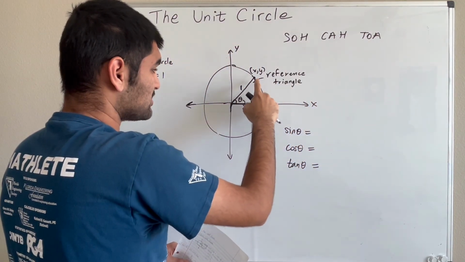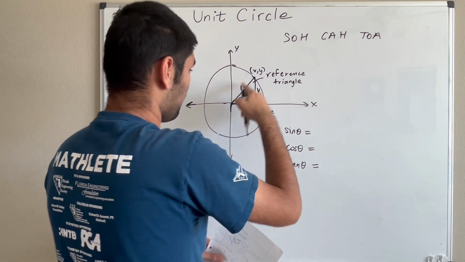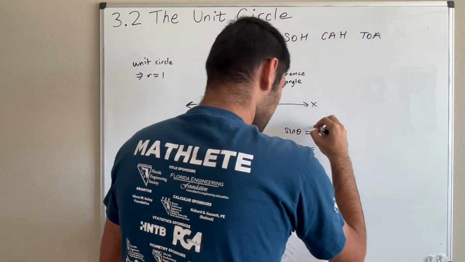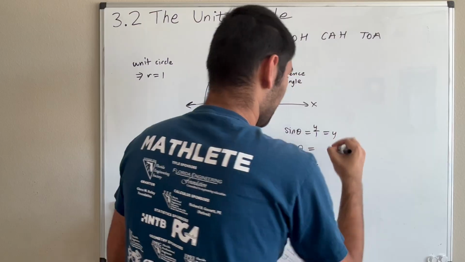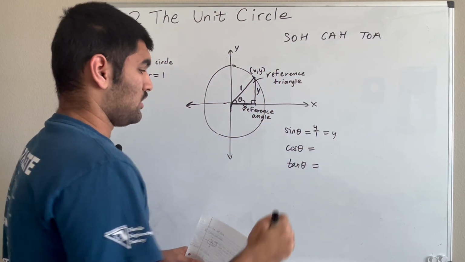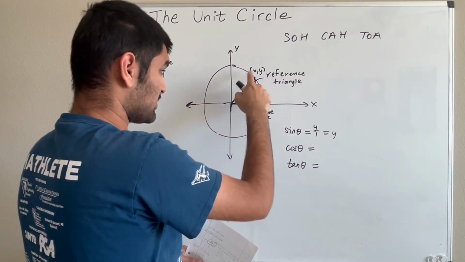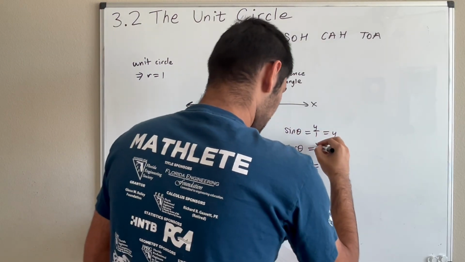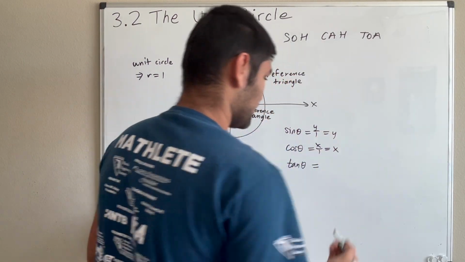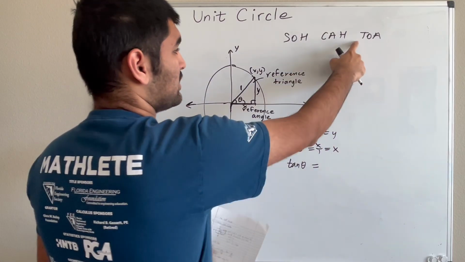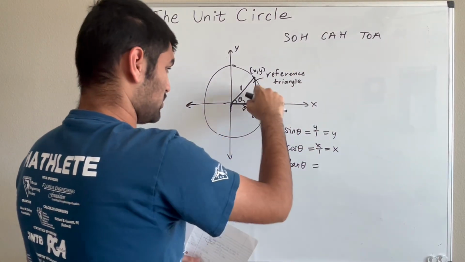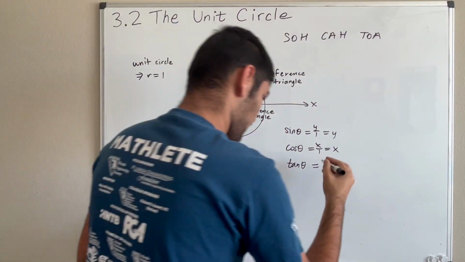So the opposite side is y over the hypotenuse, which is 1. So sine of theta is y over 1, but that's just y. Okay. And then cosine theta is adjacent over hypotenuse, so that's x over 1. So x over 1, but then that just is x. And then tangent of theta is opposite over adjacent, so the opposite side over the adjacent side, so that's y over x.